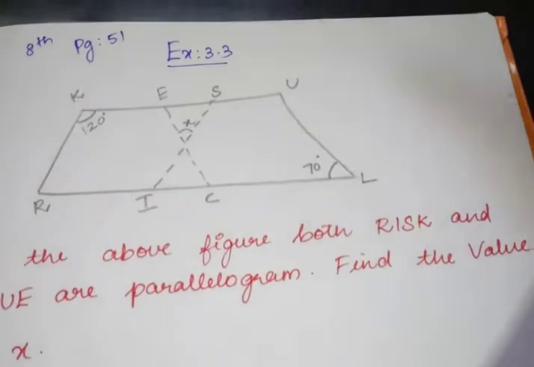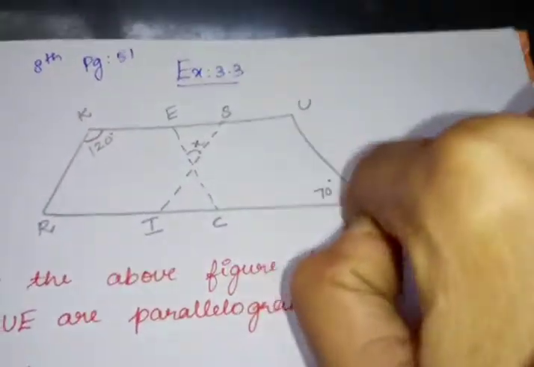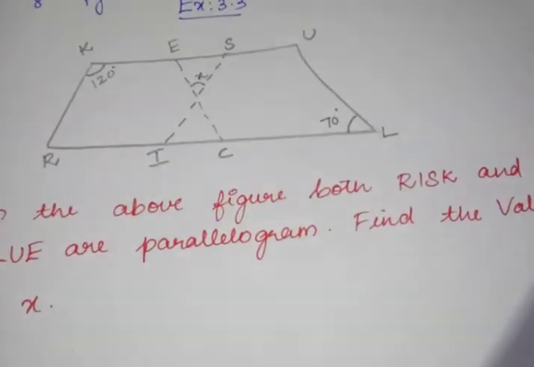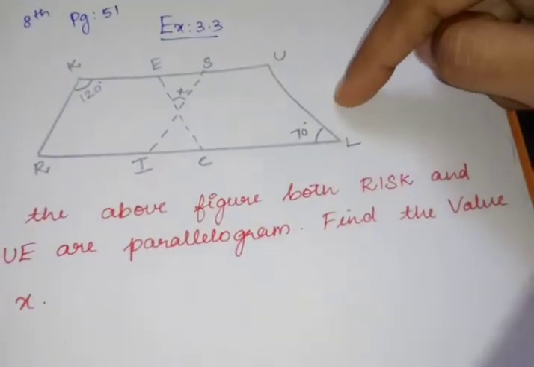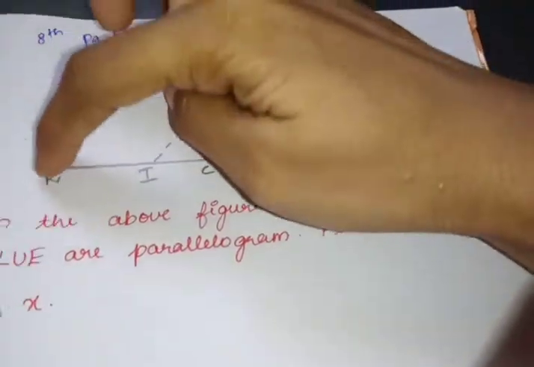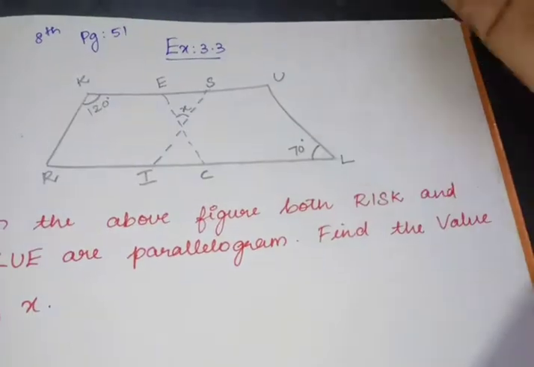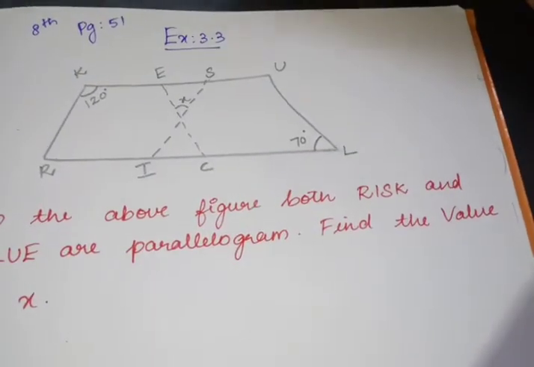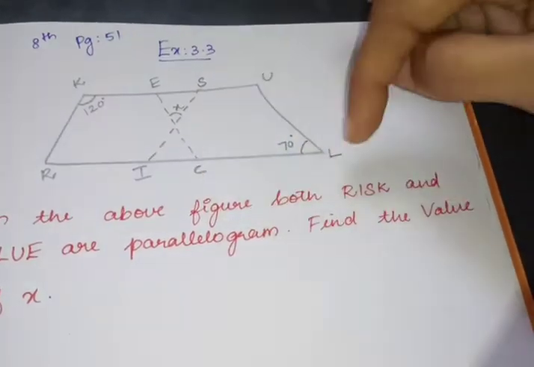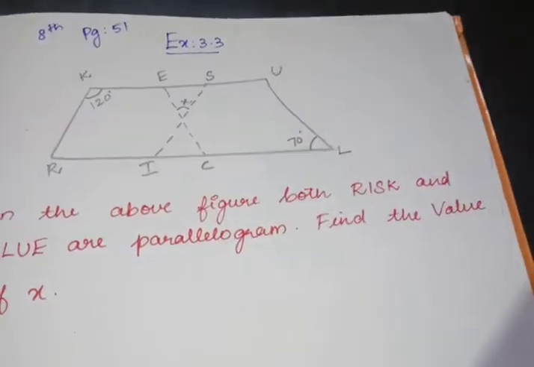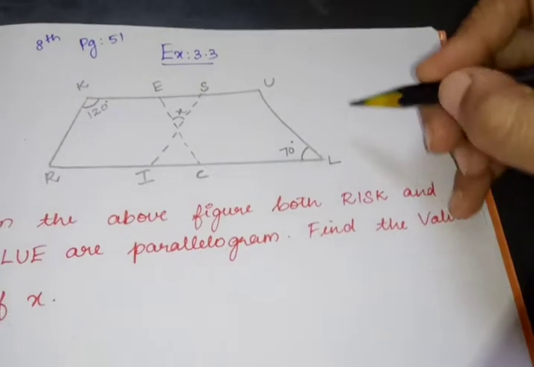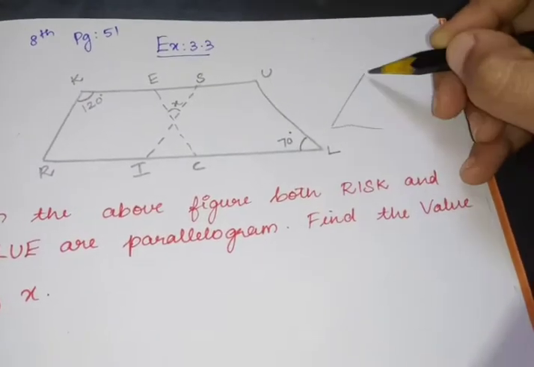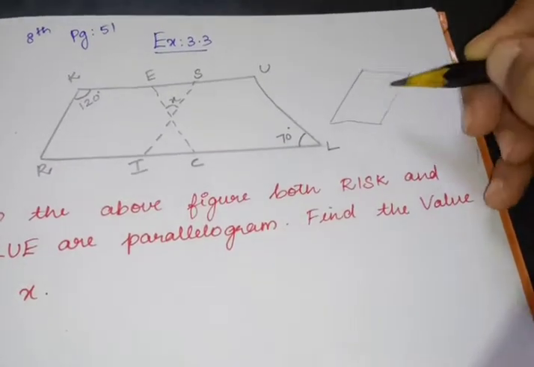Okay, see what they have given. They have drawn one diagram and they have said that in the above figure both RISK is a parallelogram and CLUE is a parallelogram. RISK, how it looks, it is there, right?